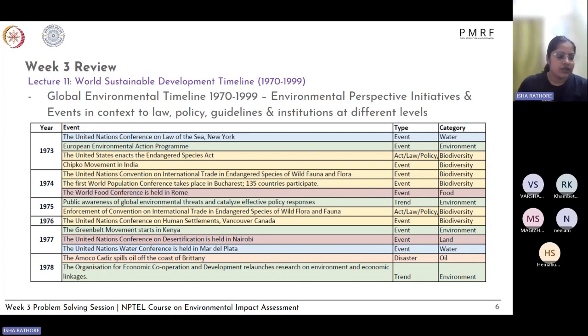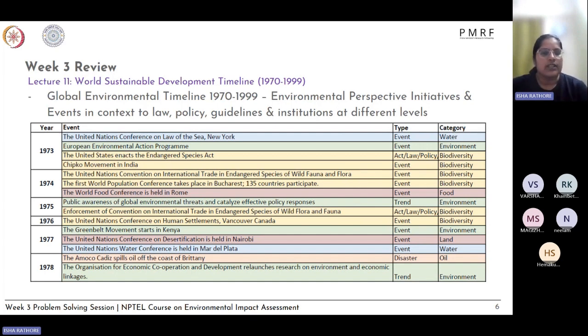Now these events have been discussed in much detail in lectures 11 and 12. So if you want to go into detail on what each of these laws mean and what their main aims and objectives were, I would refer you to lecture 11 and lecture 12 of the course content. But this is a brief overview of what was discussed in what year, what events happened.